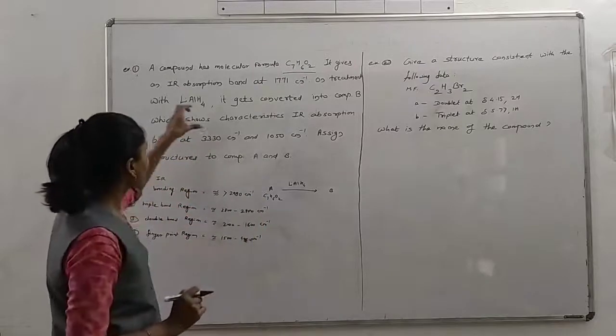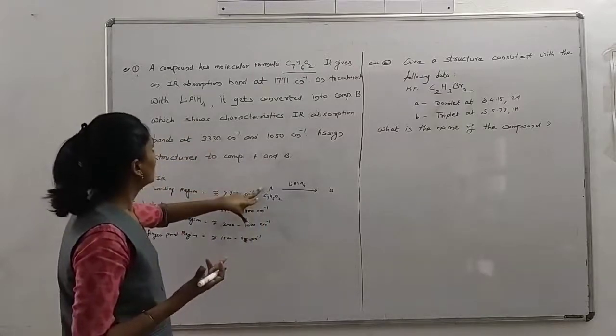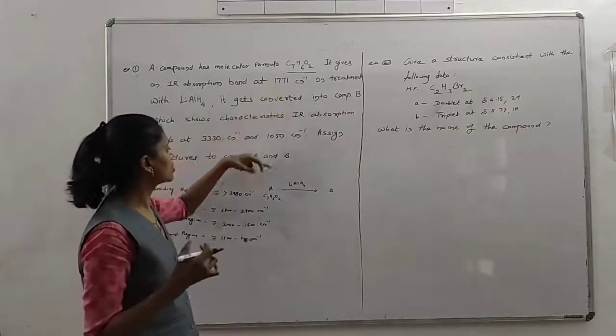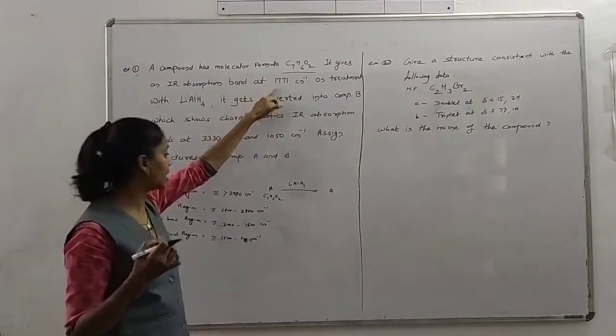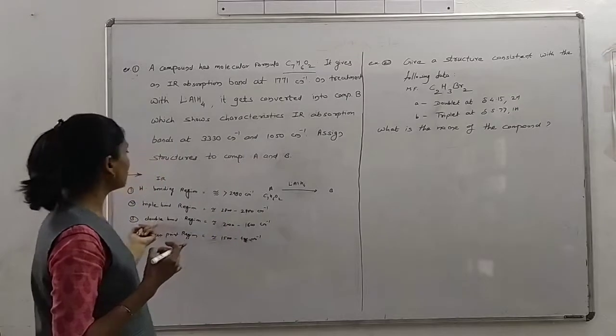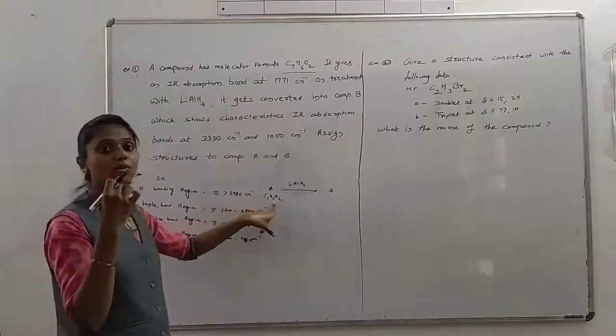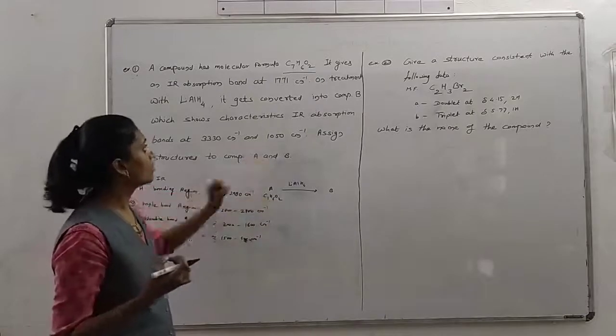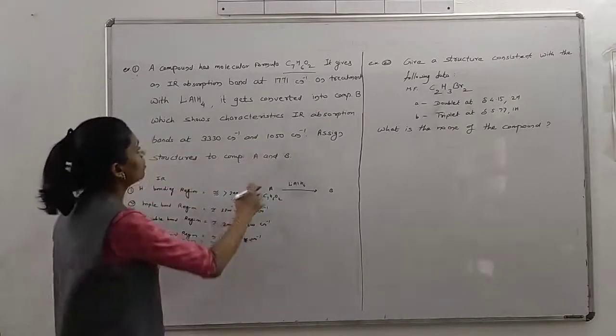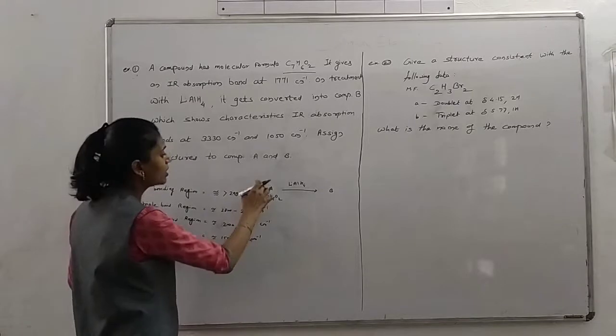Next, what is the structure? Actually, here is written 1771. That means this double bond region is for the carbonyl group, the acidic carbonyl group. Now, what is the structure?